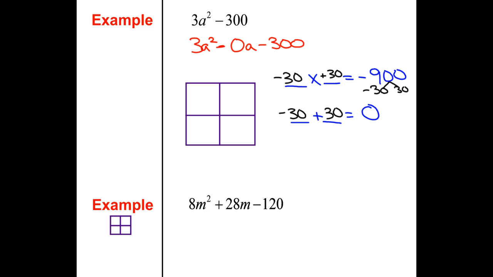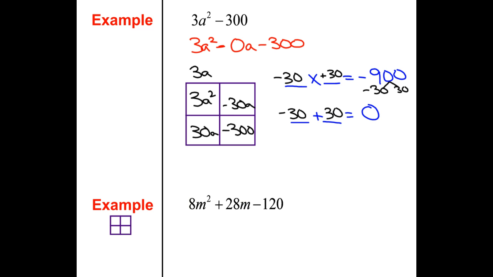So now again, let's fill in our pieces. Our leading part goes into the top left. Our constant goes into the bottom right. Now we fill in with our pieces over there, negative 30a and positive 30a. Now we pull out our greatest common factors going vertically. We'll have 3a.